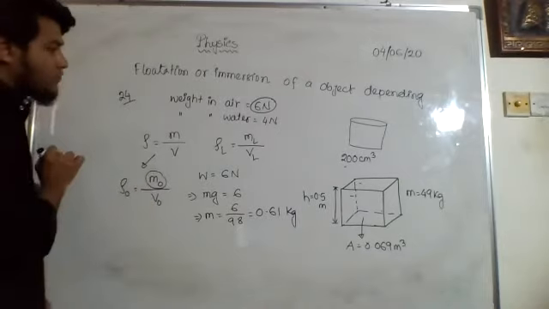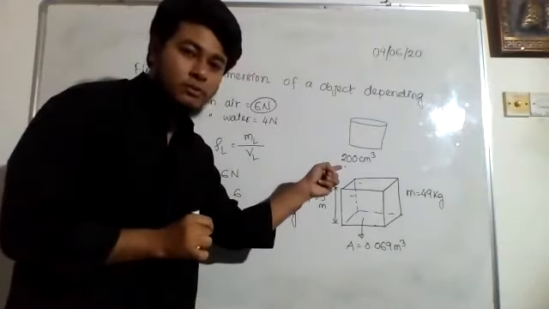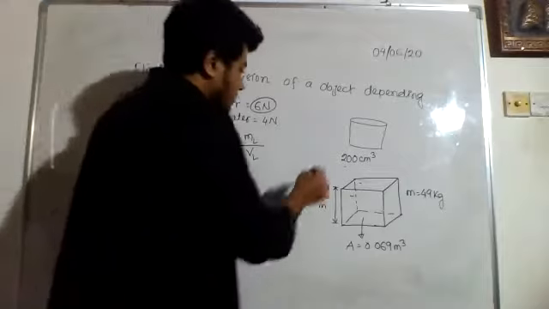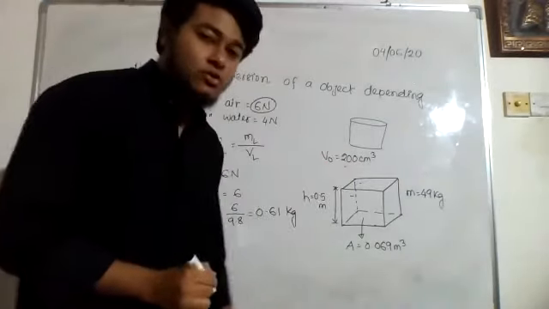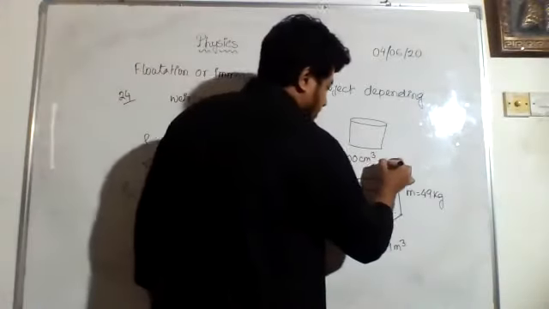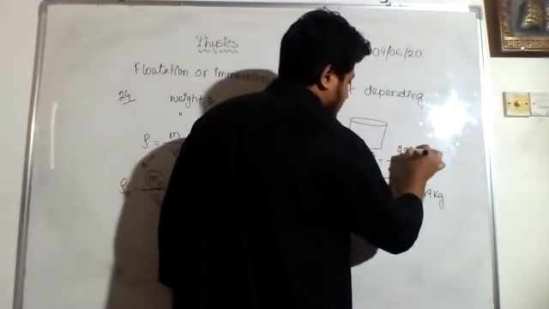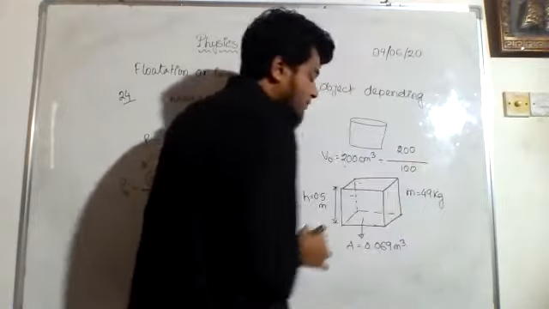Do we have the volume of the object? Yes, the volume of the object is given as 200 centimeter cube. But we have to convert it to meter cube. How can we do that? Generally, if I convert from centimeter to meter, I divide by 100.